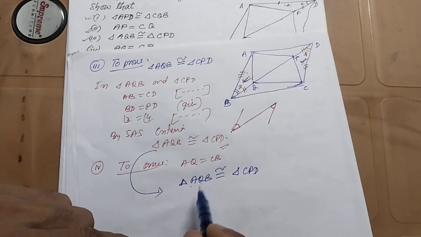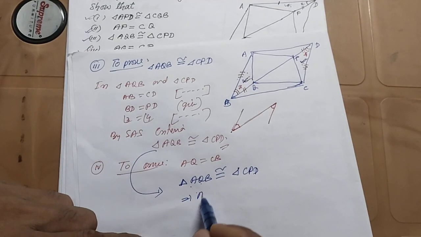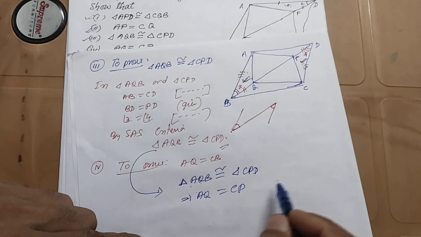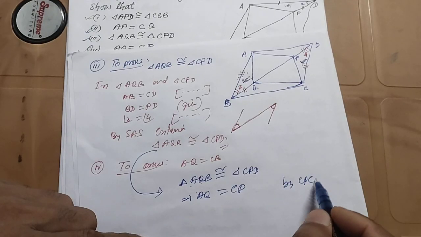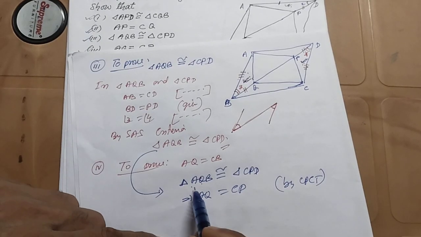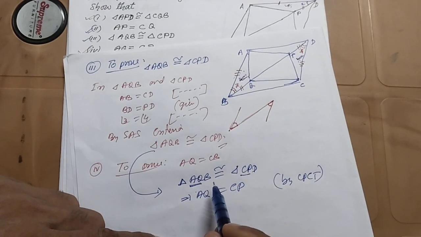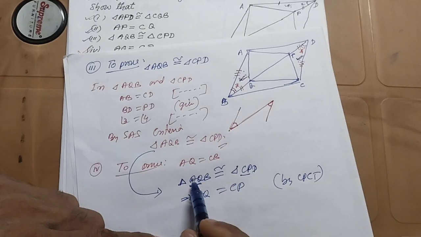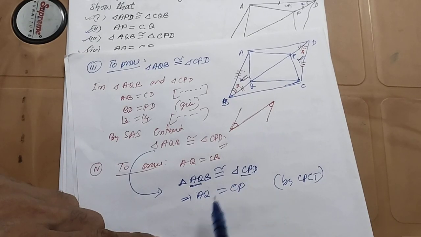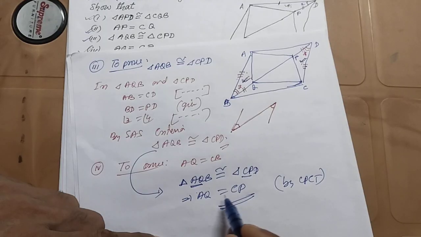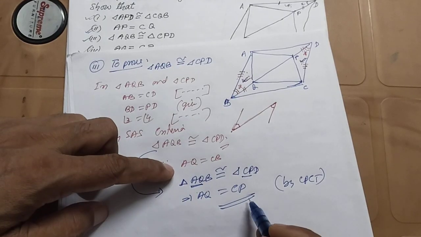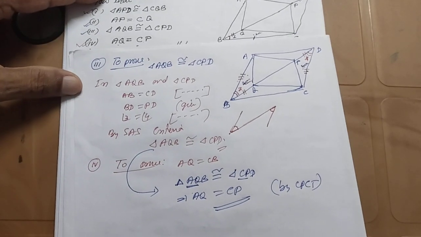So here AQ is corresponding equal. This implies AQ equal to CP by CPCT, corresponding parts of congruent triangles. You can also write the corresponding other sides, QB is equal to PD or AB is equal to CD, like that. So we have written here just AQ equal to CP, which you are asked here. So this is the proof for the fourth part.